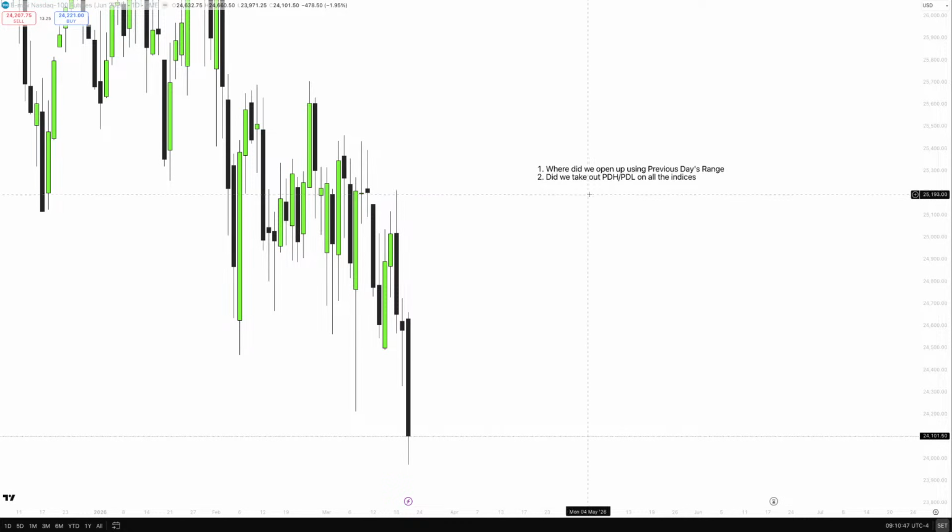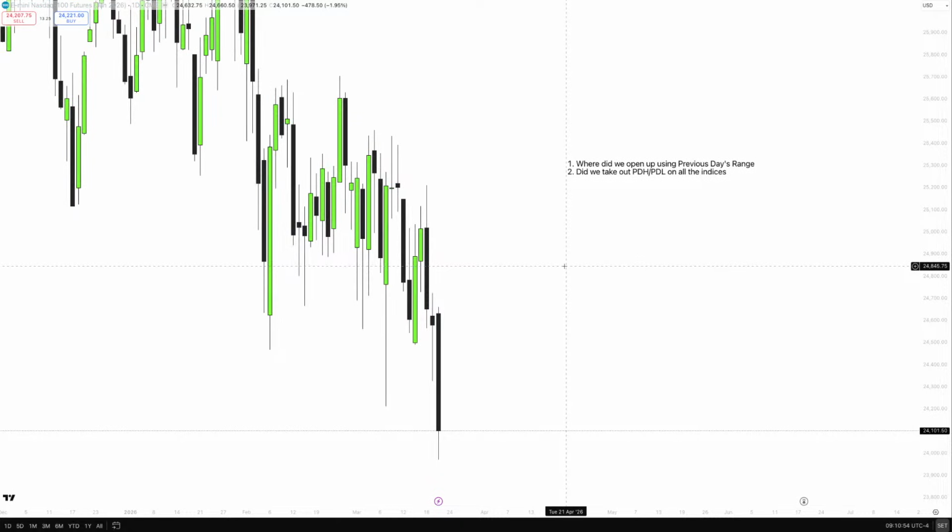So then I look at, did we take out previous day's high or previous day's low on all the indices? You can see there as well if we have a crack in correlation. So let's say NQ didn't take out previous day's high or previous day's low, ES as well, but YM already took out previous day's low, let's say, for example.